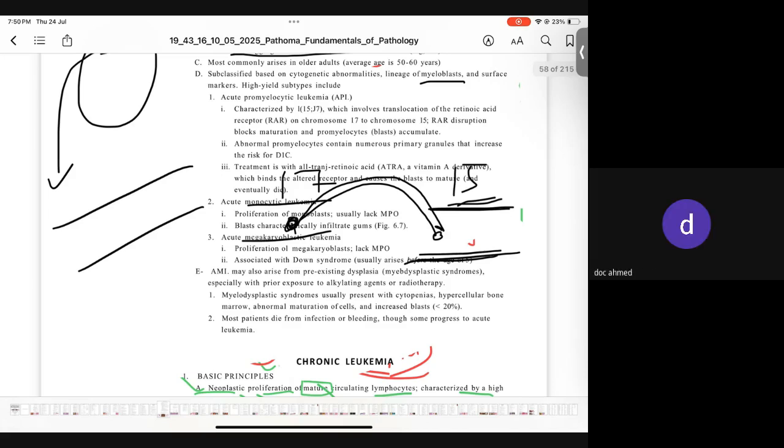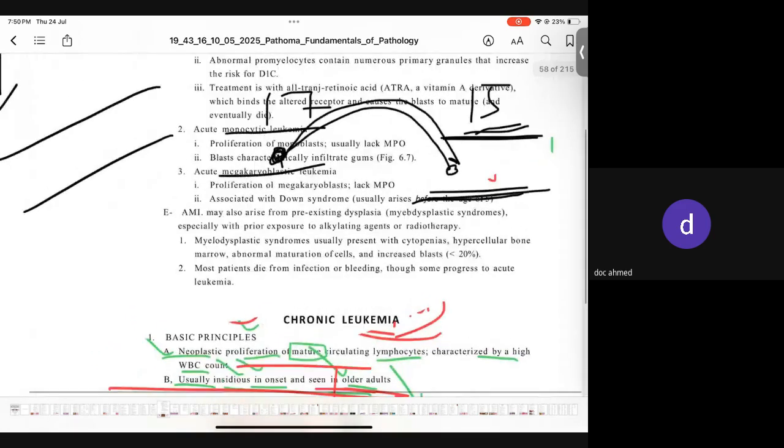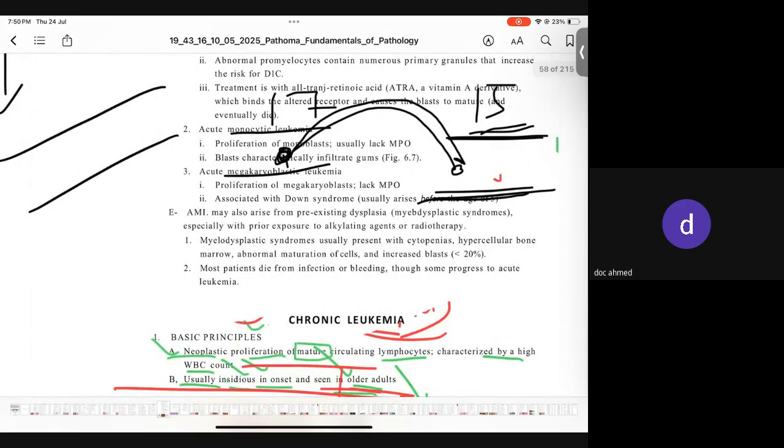These blast cancer cells, in monoblastic leukemia, can accumulate in the gums. Really important. They can infiltrate the gums. Proliferation of megakaryoblasts again won't have any MPO, because why would megakaryoblasts or platelets need MPO? They do not fight bacteria.